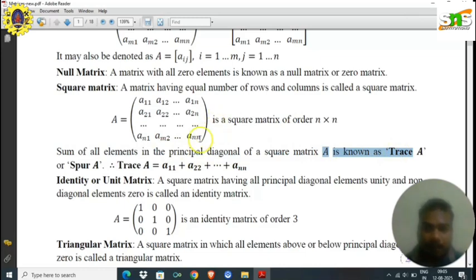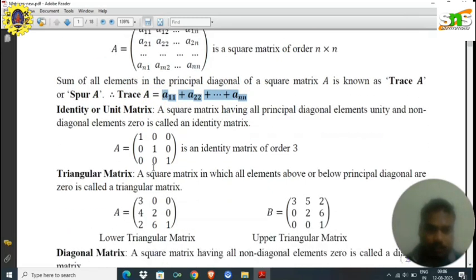Let us see the square matrix. A matrix having an equal number of rows and columns is a square matrix. Therefore, the matrix consists of the same number of rows and the same number of columns.